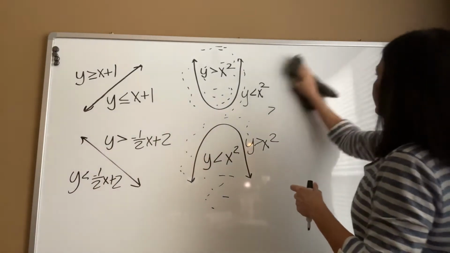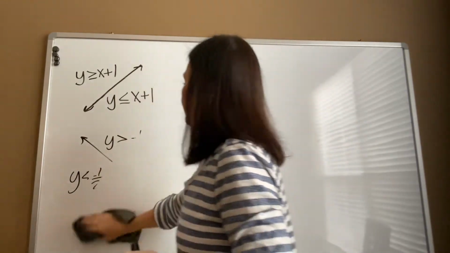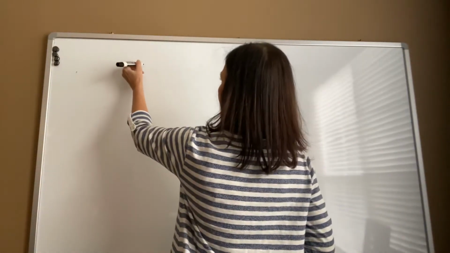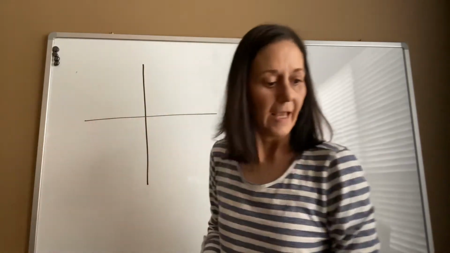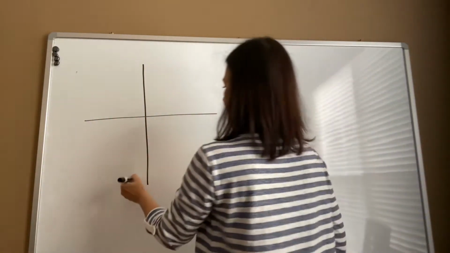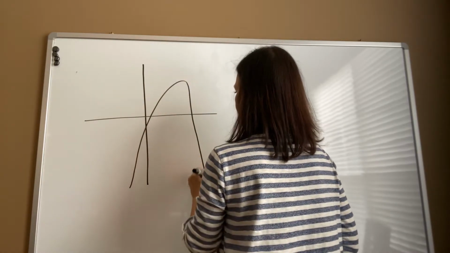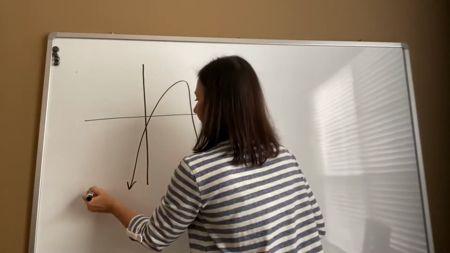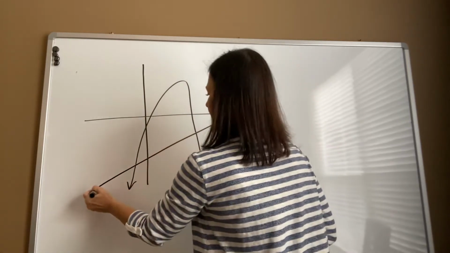All right? So, now looking at example 1 on page 460. Example 1, we have a parabola and we have a line. So the parabola looks something like this. Well, you know, it is Miss Paula drawing it. And then the line looks something like this.